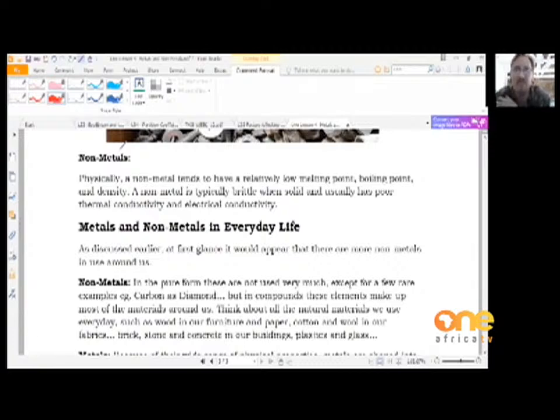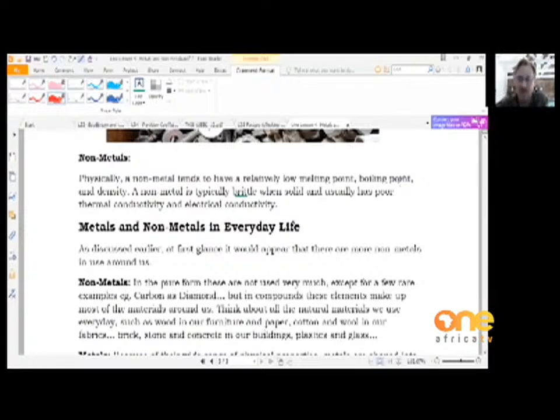And glass is brittle, but glass has a very high melting point and a high boiling point compared to other non-metals. And you can get specialized glasses that will have very high melting points. Industrial glassware, the sort of thing that you'd use in the laboratory, is a glass that's designed to have a high melting point.